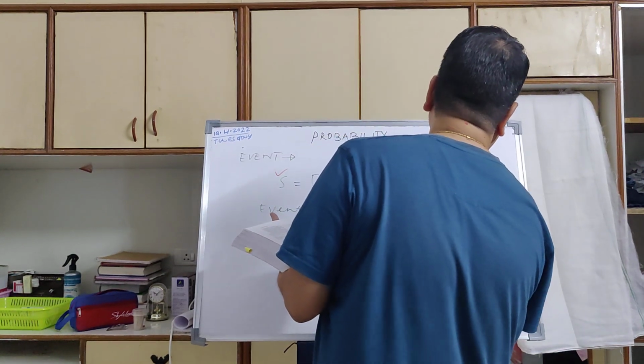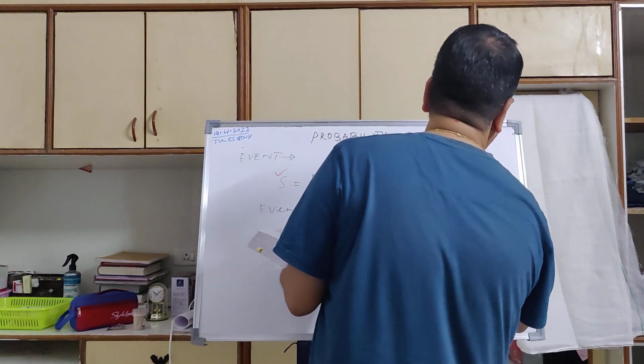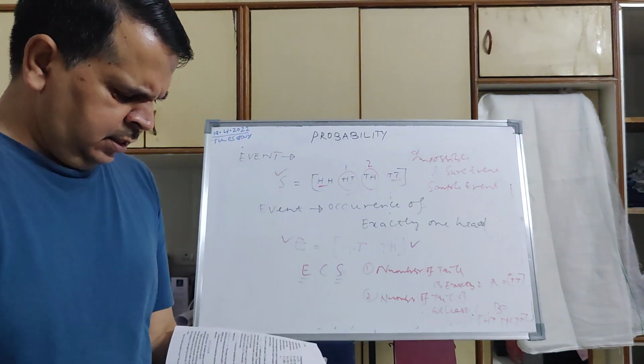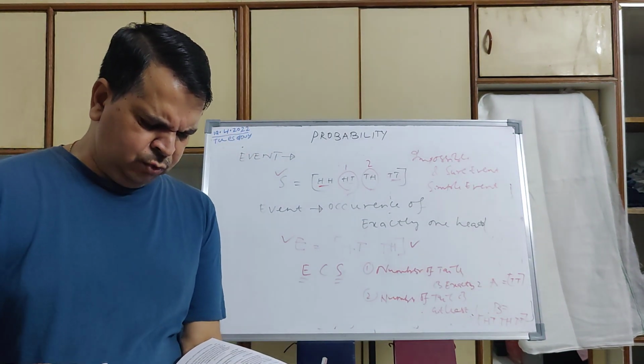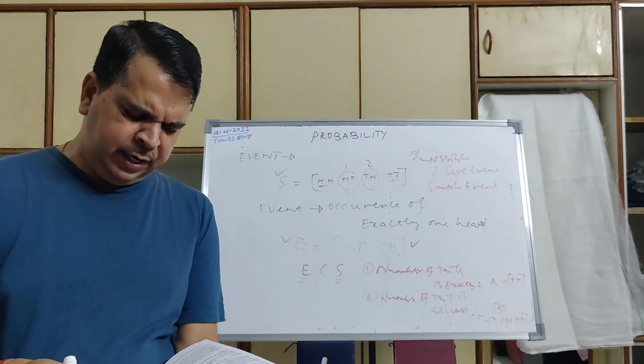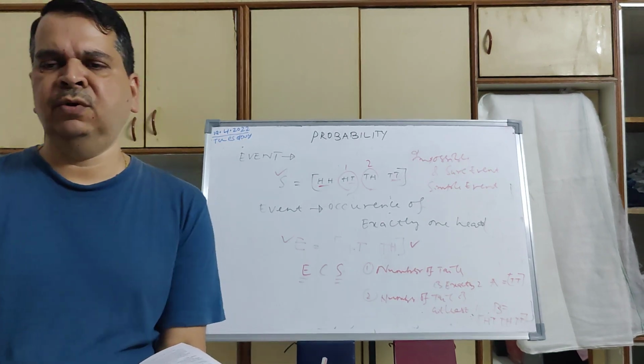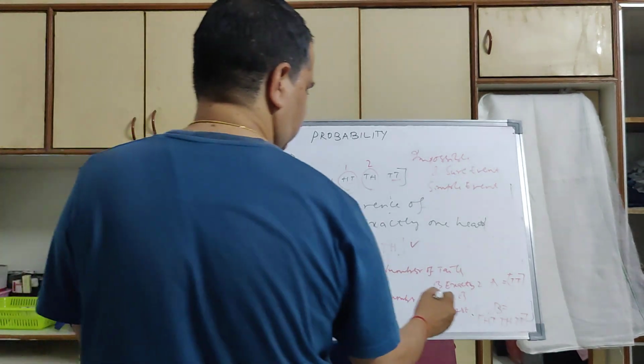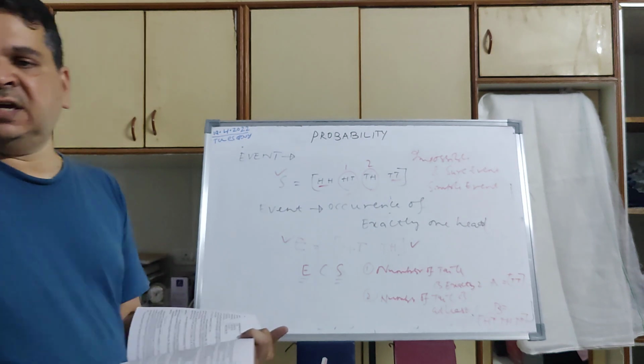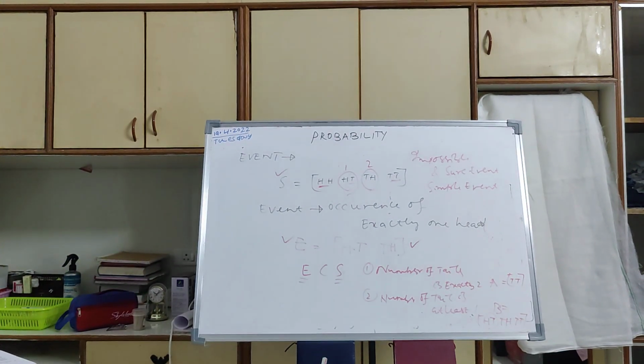If an event E has only one sample point of the sample set, it is called a simple event.